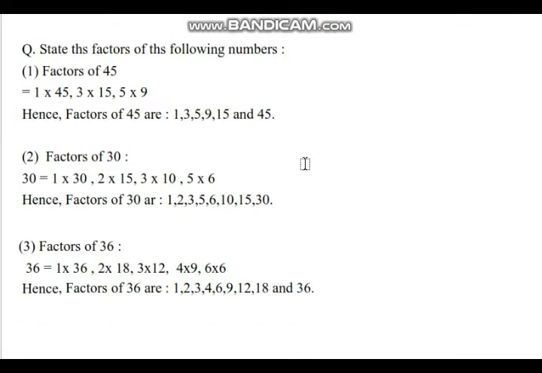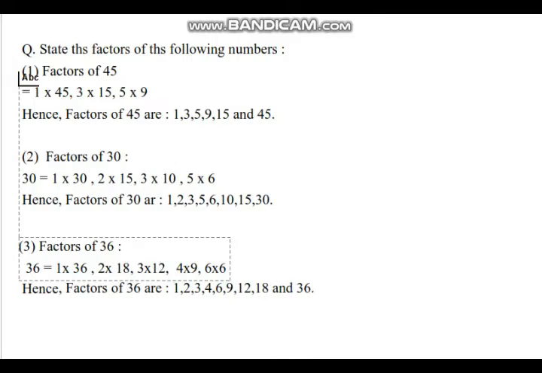Children, as you know, a number which divides a given number exactly is called a factor of the given number, or in other words, a factor of a number is an exact divisor of that number. The given number is called a multiple of each of its factors.